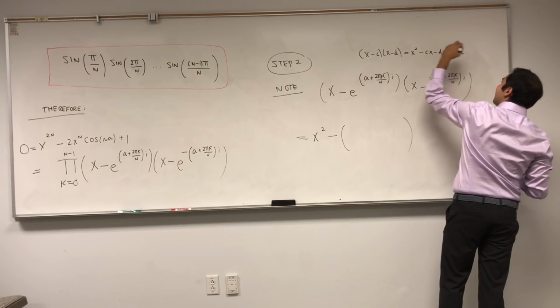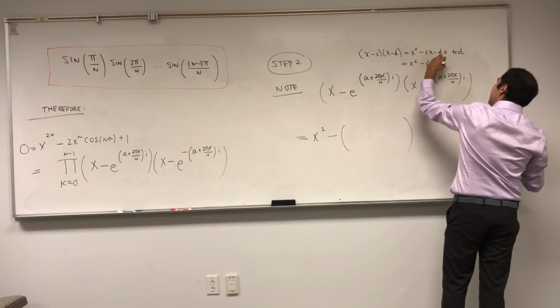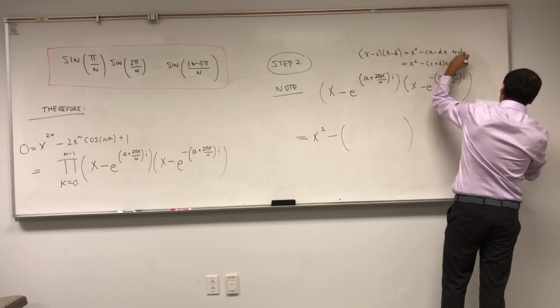And we have x squared minus (c plus d)x plus cd.